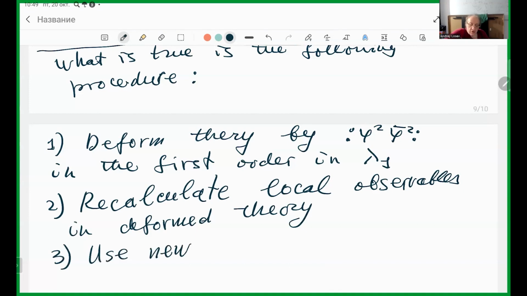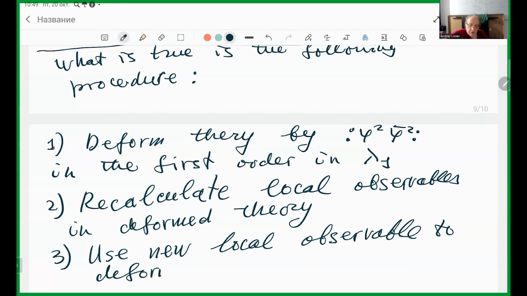Three, use the new local observables to deform further. Okay? That's how we go.